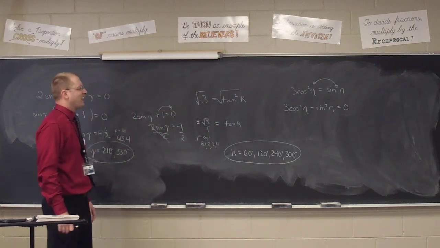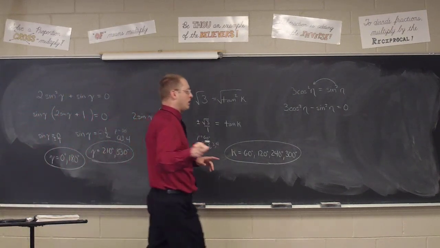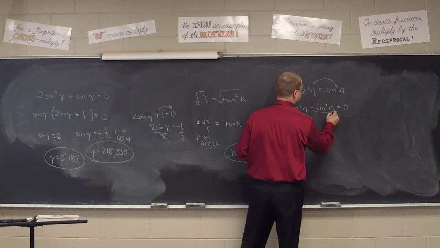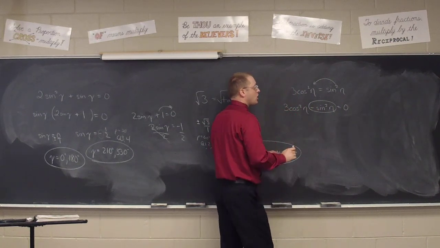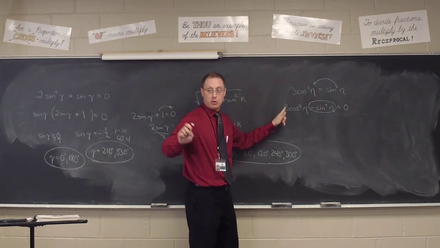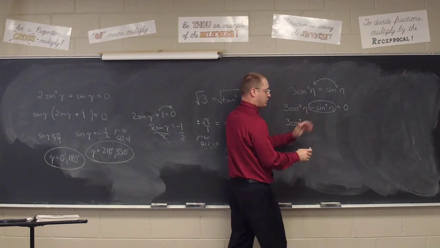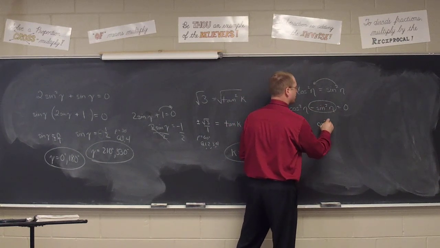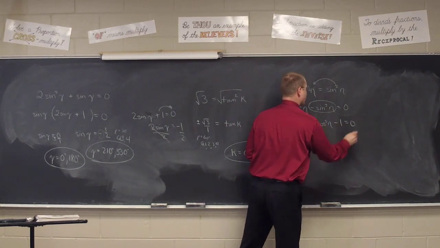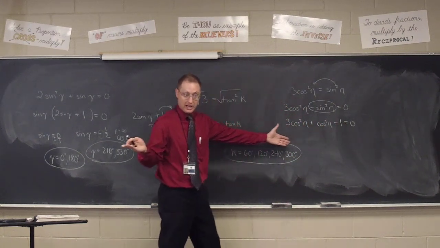Hold on now. This negative sine squared, since I can't factor, could I change it into a cosine squared? Negative sine squared eta is the same thing as cosine squared eta minus 1, Pythagorean identity.